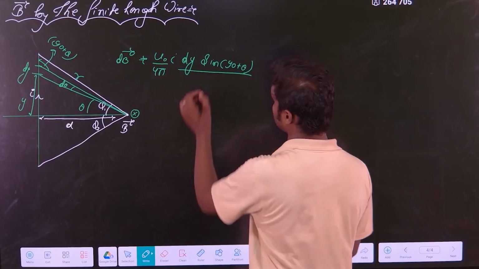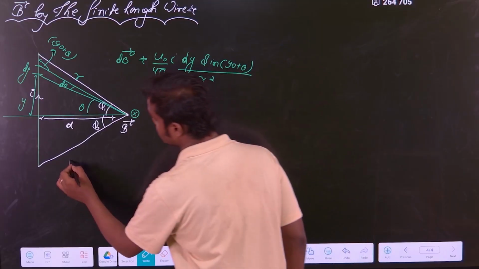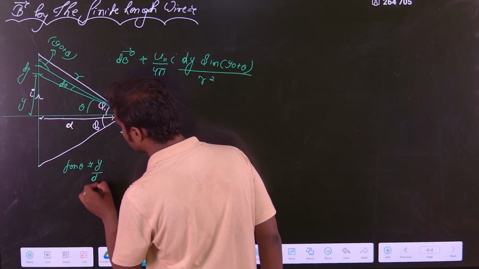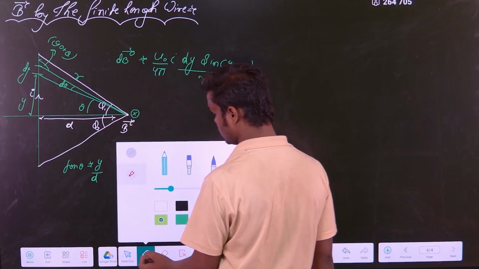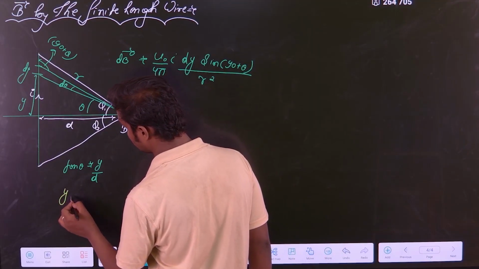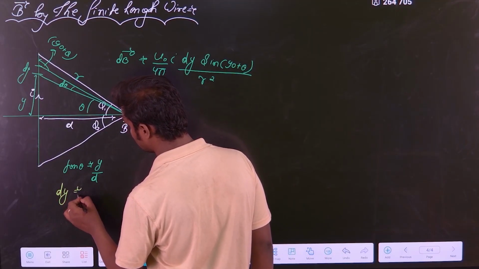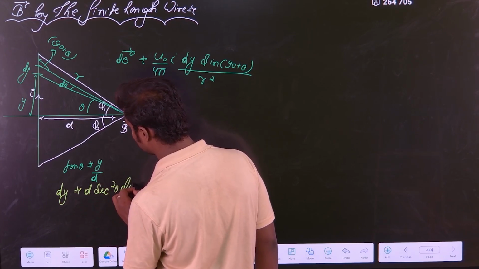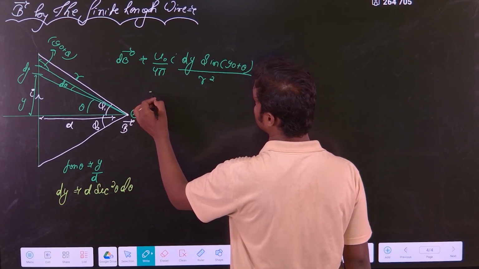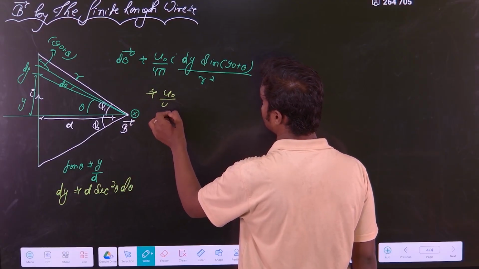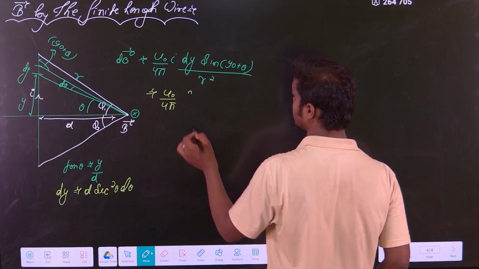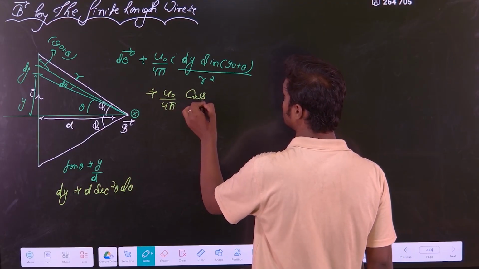Now you know that tan theta is equal to y by d. So y equals d tan theta, and dy is equal to d sec square theta into d theta. Now put everything here. This is mu naught upon 4 pi into sine of 90 plus theta, which is cos theta.